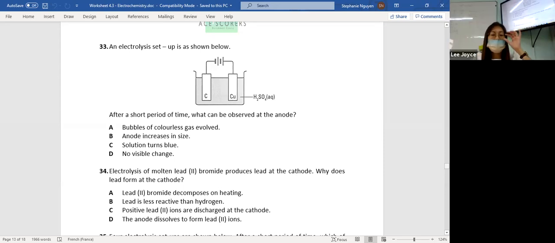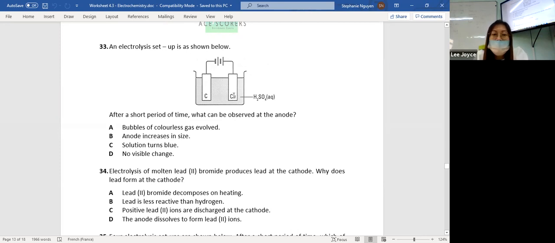Okay, so for question 33, you can see that we are using a mixture of the inert and the active electrodes. So the inert electrode is used at the cathode, that's the negative terminal, and the active electrode is used at the anode, which is the positive terminal. So don't you think that this active electrode will get oxidized?